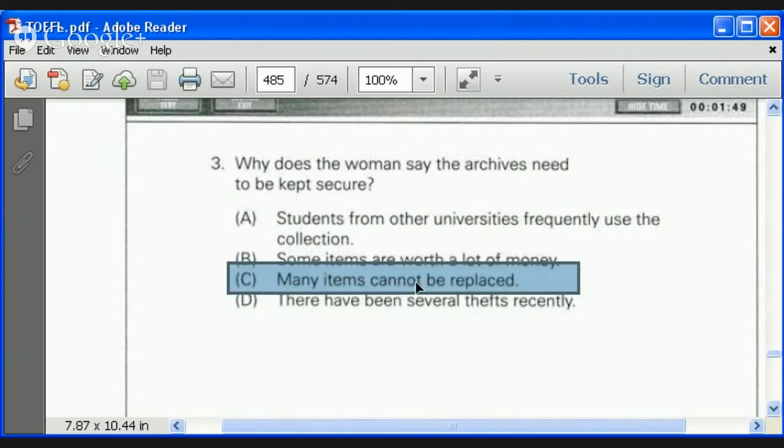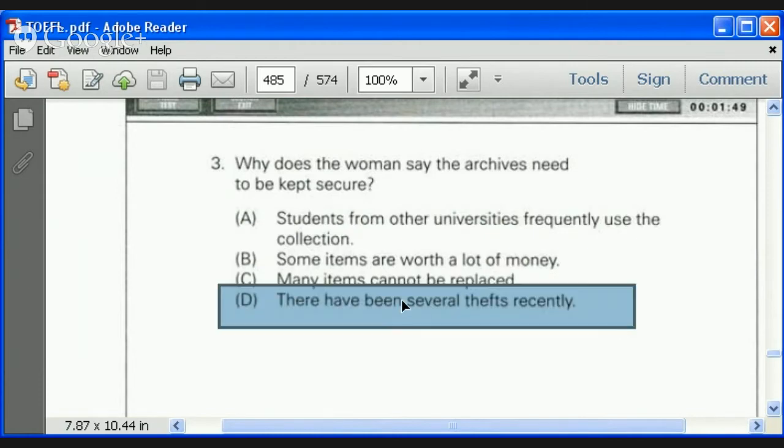Many items cannot be replaced. Sounds terrific. She went on and on about once they're gone, that's it. They're gone. That sounds great, but I am not going to just go ahead and click on that response. I'm going to make sure I check. They will frequently have 2 possible answers, which are maybe even very close, but both sound very good.